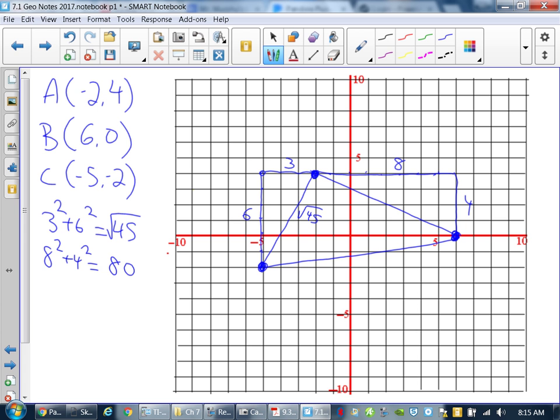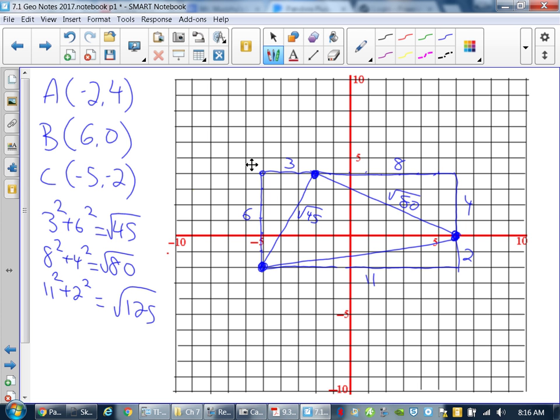Yeah, right. So it'll be root 80 here. And then lastly, just count the other one. Down 2. Over 1, 2, 3, 4, 5, 6, 7, 8, 9, 10, 11. So 11 squared. So 121 and 4 is 125, I believe.